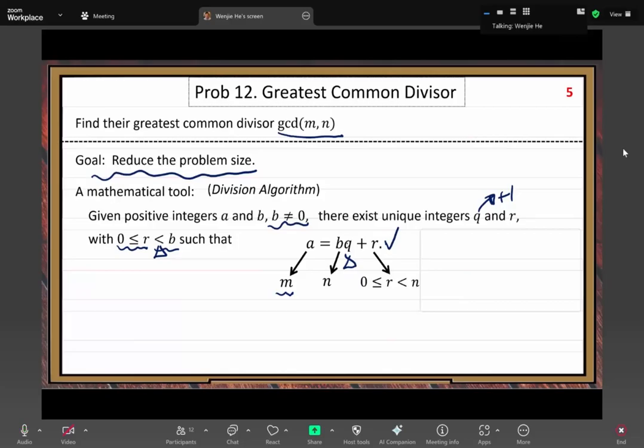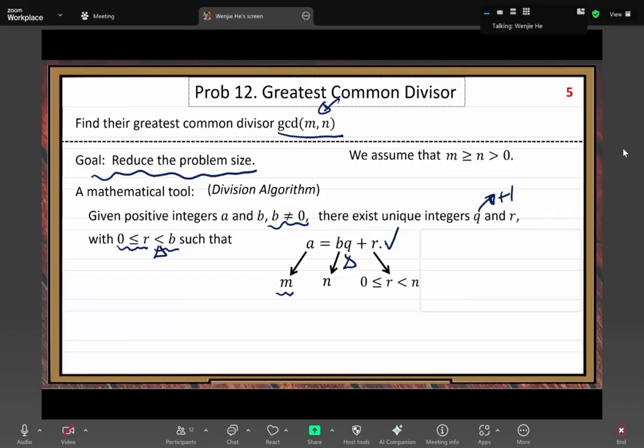When we consider the general problem, we do not require which one is larger, which one is smaller, m larger or n larger. We do not have any requirement.